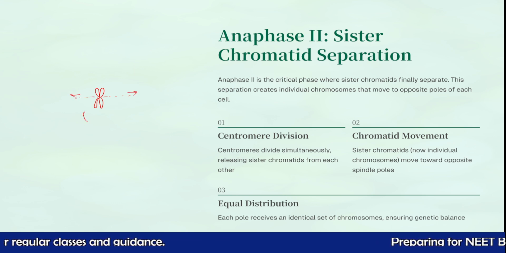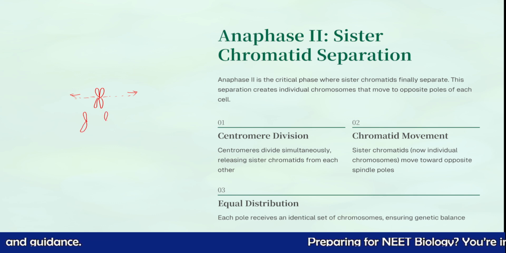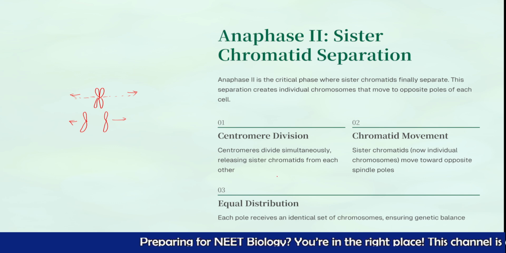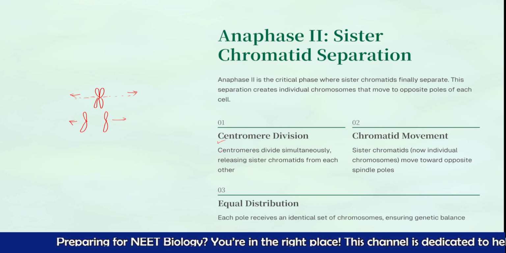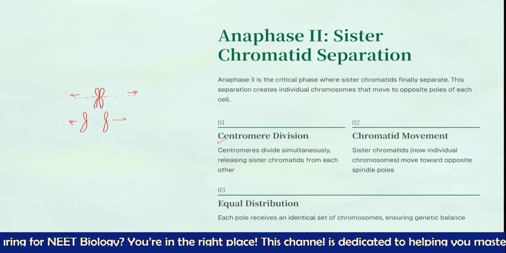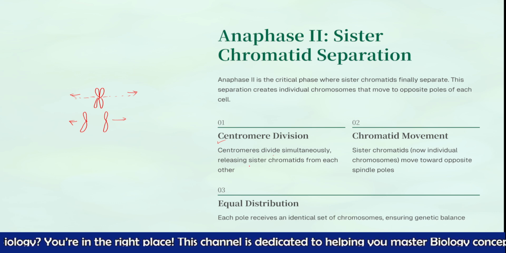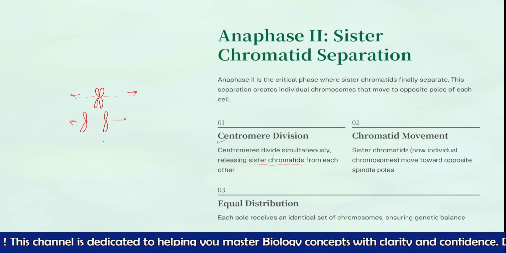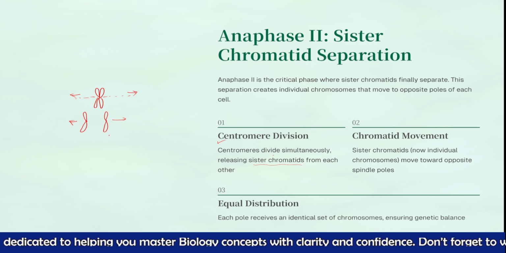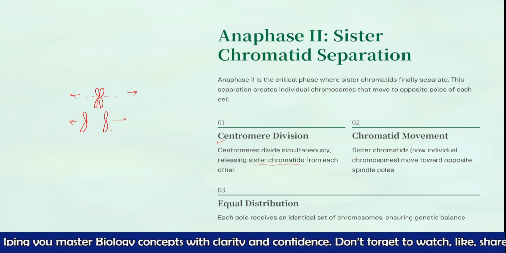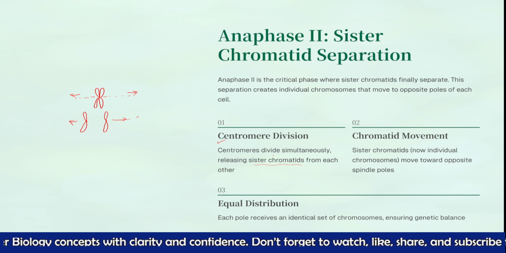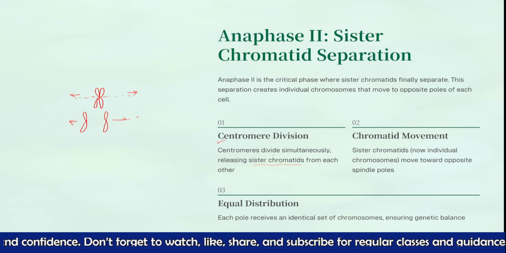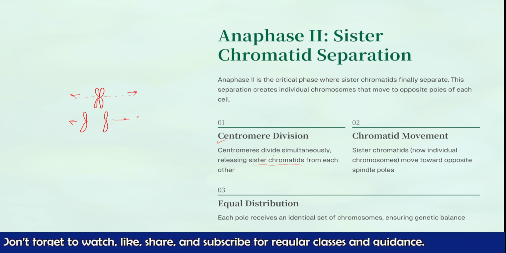During anaphase, the centromere splits, and then the sister chromatids separate. Anaphase is characterized by this splitting of the centromere, which releases the sister chromatids. But the number of chromosomes is the same, only the sister chromatids separate. Then those sister chromatids move towards the opposite poles, and the content is distributed equally at the poles.